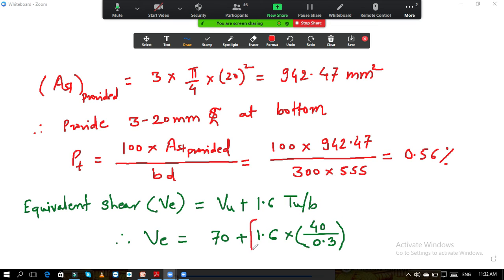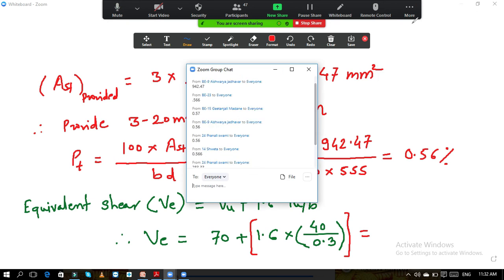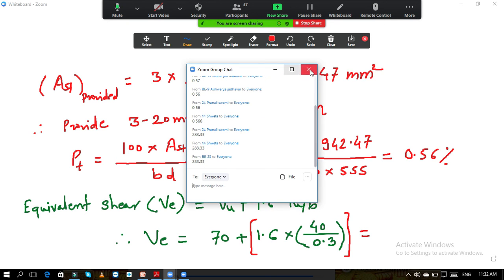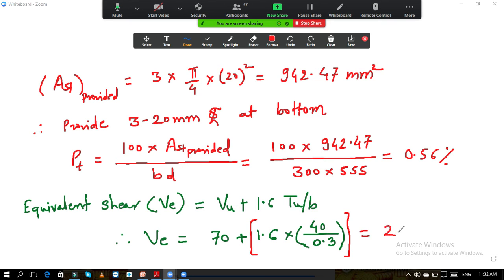So the bracket must be there, so that your value is right. So the answer is 283.33. So your equivalent shear is 283.33 kilonewton. So this is the value.